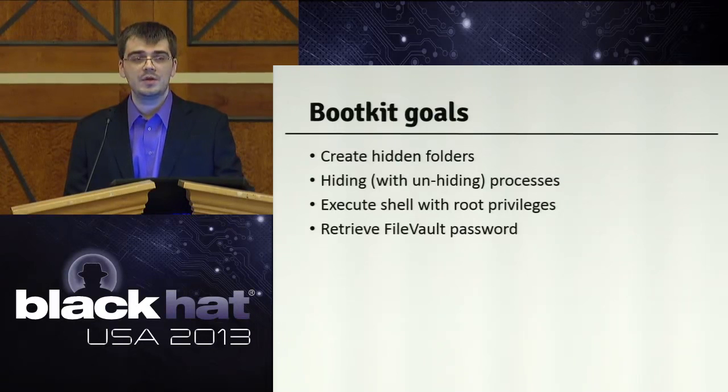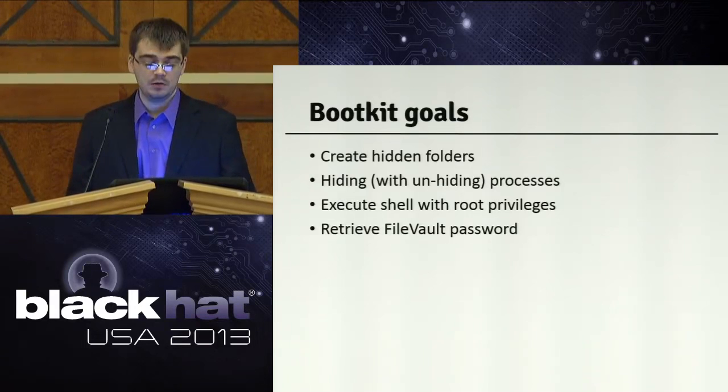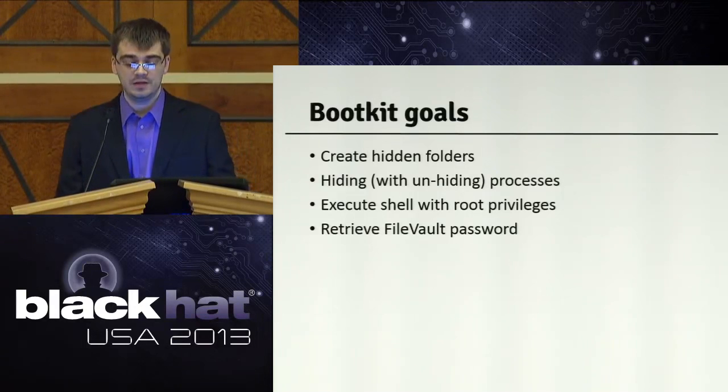So we wanted to be able to hide running processes and show them back again as well. We wanted to have an ability to elevate privilege and have a shell which gives us root privilege so we can do anything we want. And the bonus points would be us retrieving the default FileVault password if it was available.